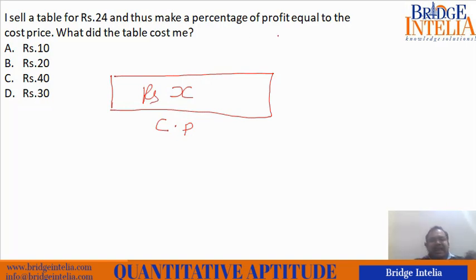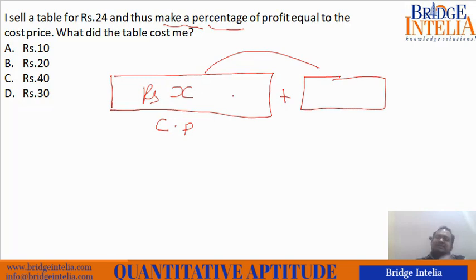That he has made a profit. It is clearly given that he is making a profit. And it is said that percentage of profit is equal to cost price. So it is simply trying to say that the profit percentage coincidentally is X% only.